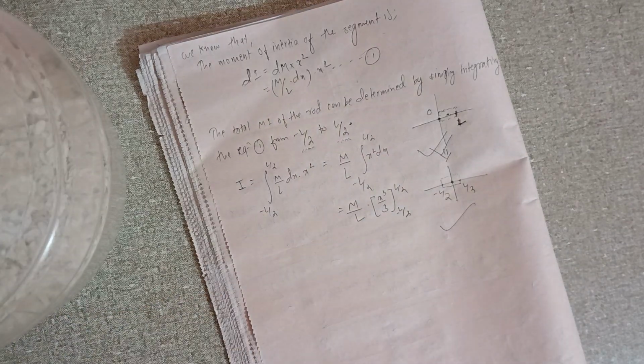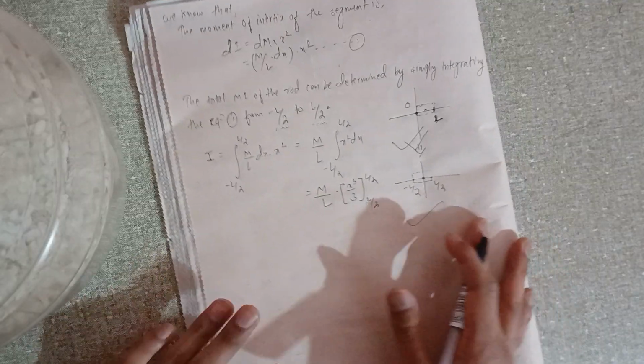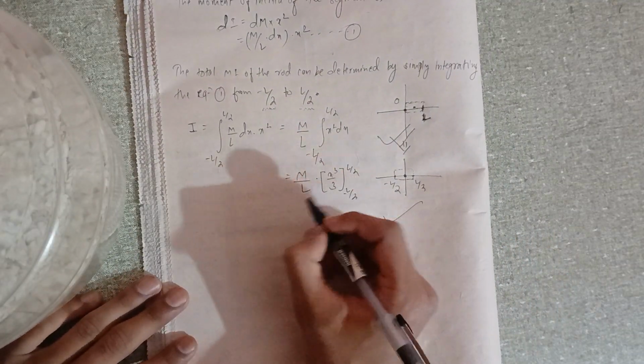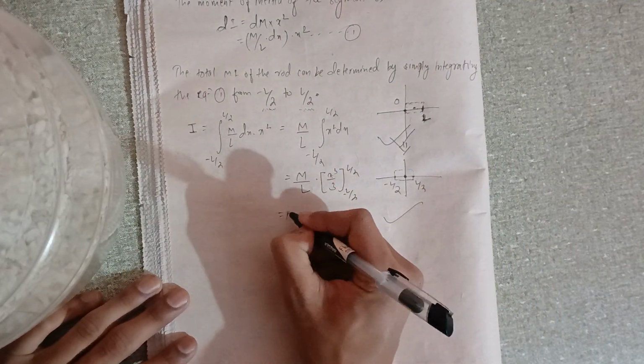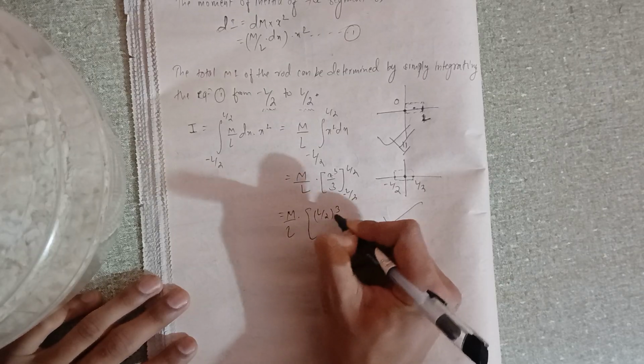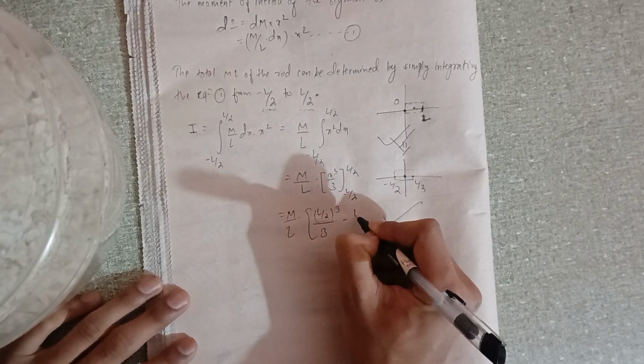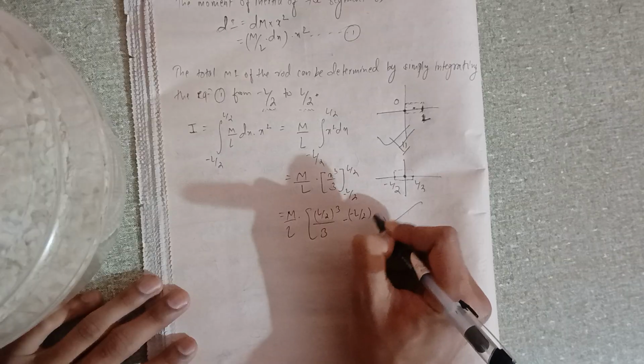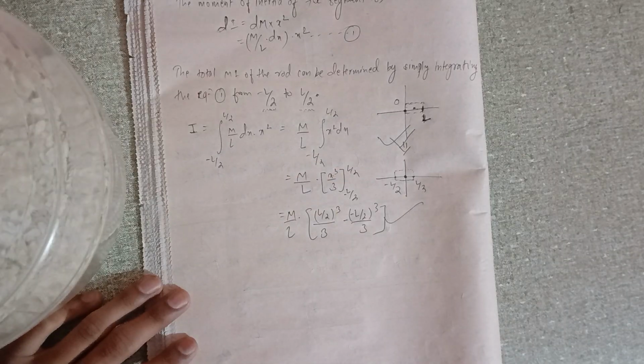Now for this, what we need to do is replace the value of x by L by 2 and minus L by 2. So you basically do L by 2 cubed by 3 minus minus L by 2 cubed by 3. That's how we do it.